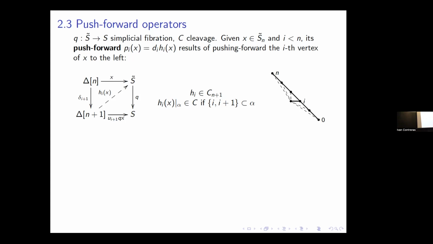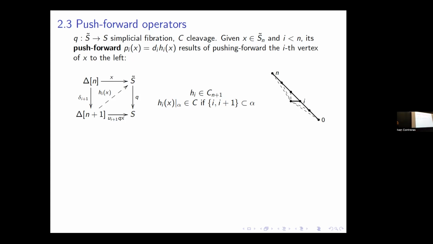Once you have this edge, you can start filling, using the cleavage, every simplex containing i and i prime, let's say. And at the end of the day, you gain an n plus 1 simplex like this, and then you can take the ith face, so I erase this one, and I get an elementary push forward.